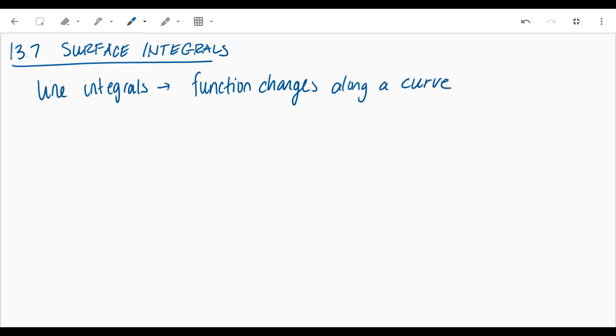So we could get the total charge along a curve we talked about, or the mass of a wire with negligible thickness. Now we're going to look at surface integrals, where a function changes along a surface.